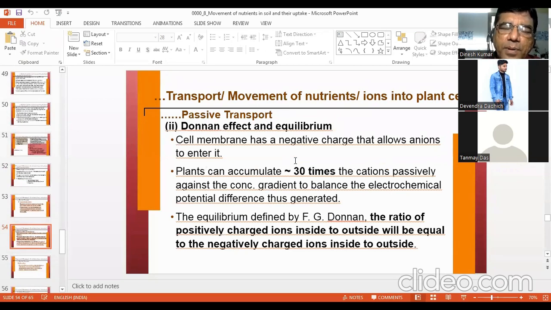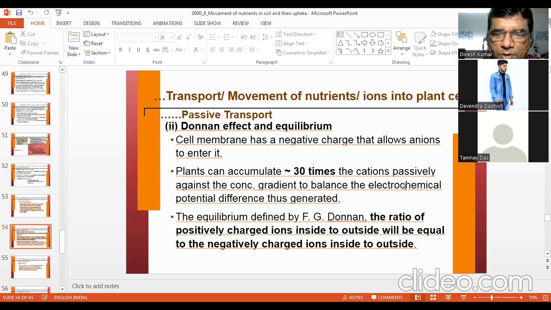Then comes, in the passive transport, the Donnan effect and equilibrium. The cell membrane has a negative charge that allows anions to enter it. Plants can accumulate approximately 30 times more cations passively against the concentration gradient to balance the electrochemical potential difference thus generated.